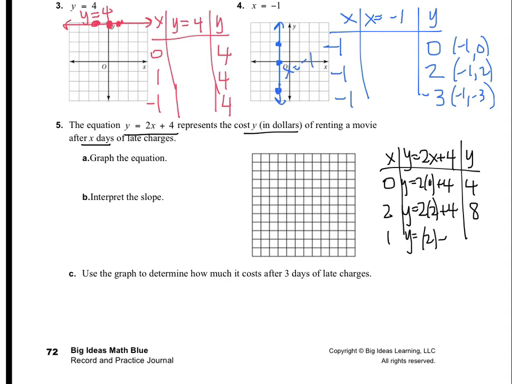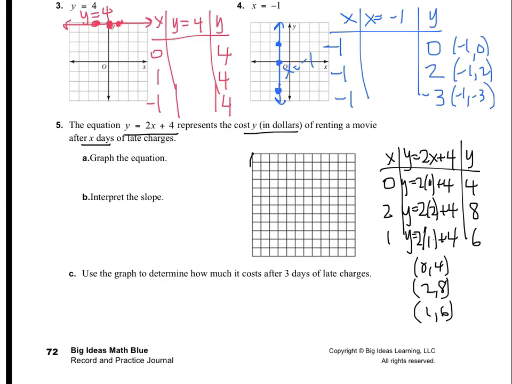Although now it's bothering me that they're not in order, but whatever, I'll get over it. Oh whoops, I wrote 2 and I meant 1. So 2 times 1. So that gives me 6. So I will plot the point 0, 4, 2, 8, and 1, 6.